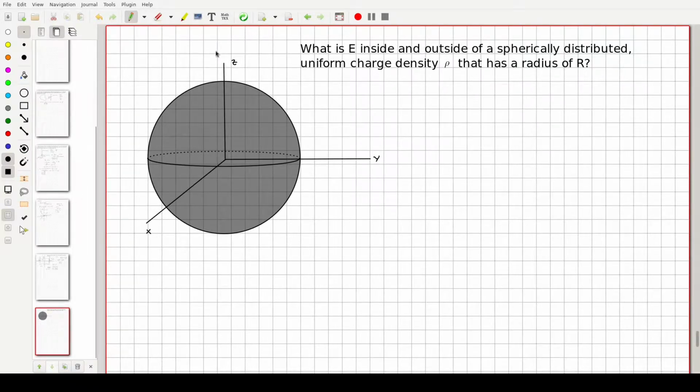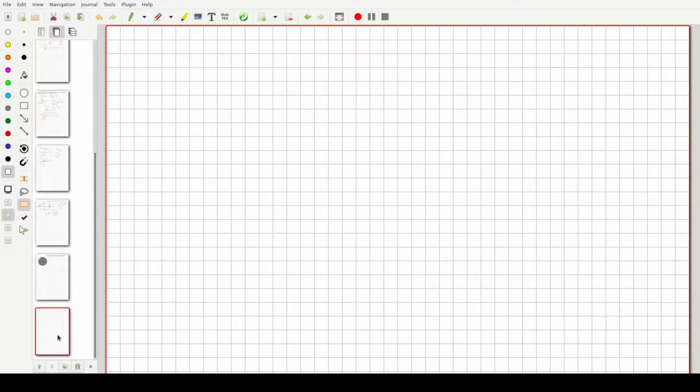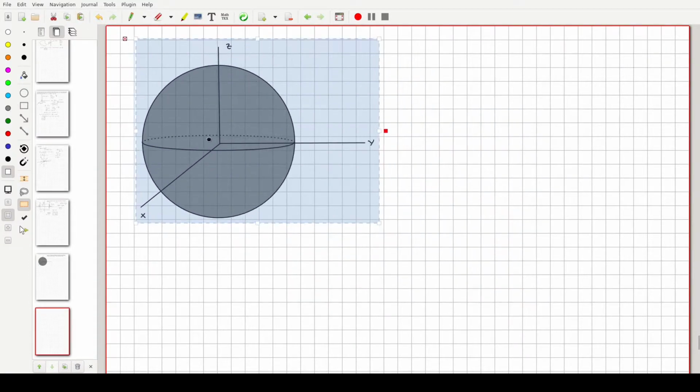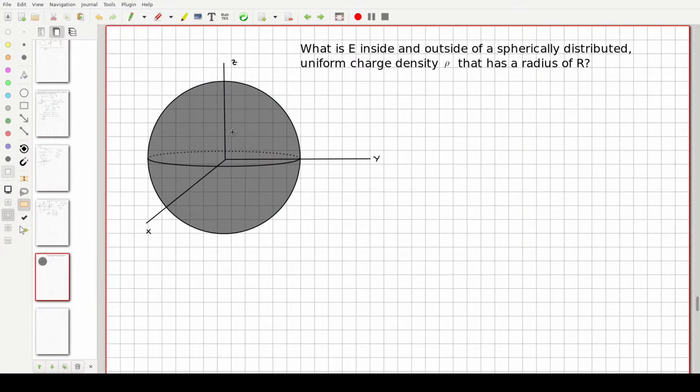So just to make my life easy, let me create another slide here. And before I get any further, let me copy this over there so I can do the inside part there. So, the outside part first.